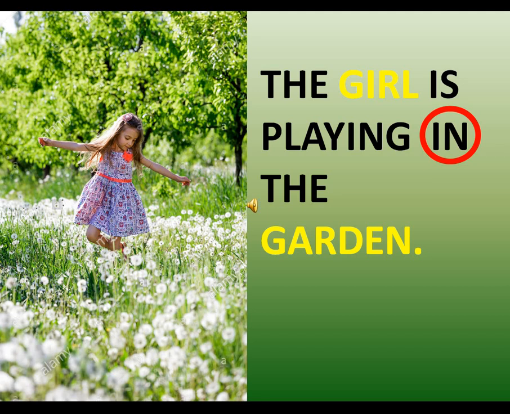Now, how are these two nouns related? They are related with the help of the word in, and this is where the preposition comes in. We have already discussed that a preposition joins or connects the noun or the pronoun to the rest of the sentence. Here the word in is doing the same thing. In is the preposition here because it is connecting the girl to the garden.